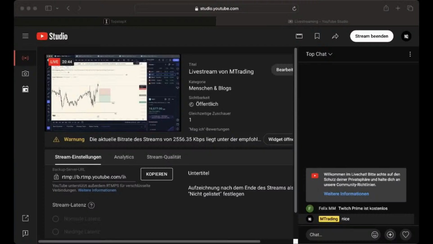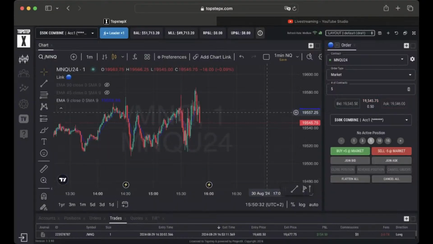So I will go and share my screen, how I will make this trade. Okay, missed. Okay, yeah, maybe we get bought up before it hits the equal lows.